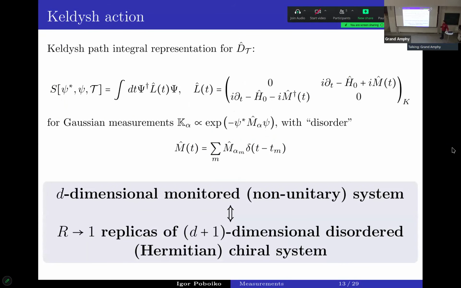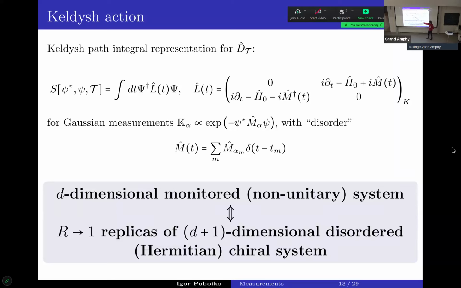Okay, so when you do this linear evolution for your matrix D, then you apply the standard theory. For example, you can do the Keldysh path integral trick, and in the Keldysh formalism, you obtain a field theory which is formulated for each individual replica, for each quantum trajectory.